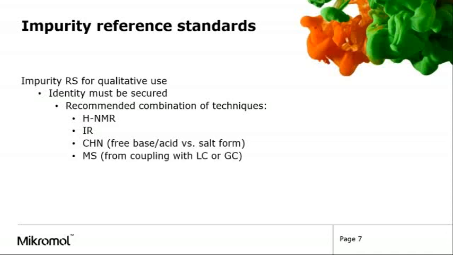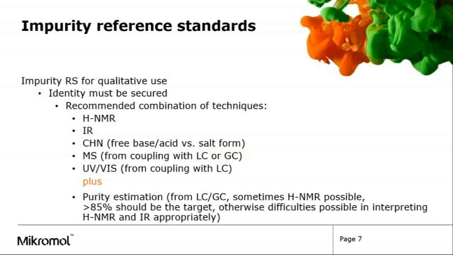The molecular weight should be consistent with the structure, and this is usually obtained from mass spec coupled with LC or GC. And we want the UV vis spectrum to be what would be expected for the impurity structure at hand. Also, even for qualitative use, we should have some expectation of the reference standard's purity. This is usually estimated from an LC or GC impurity profile.